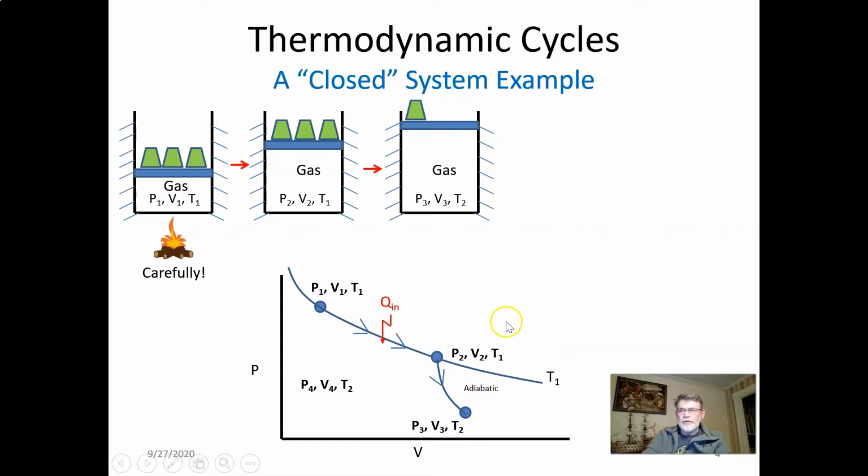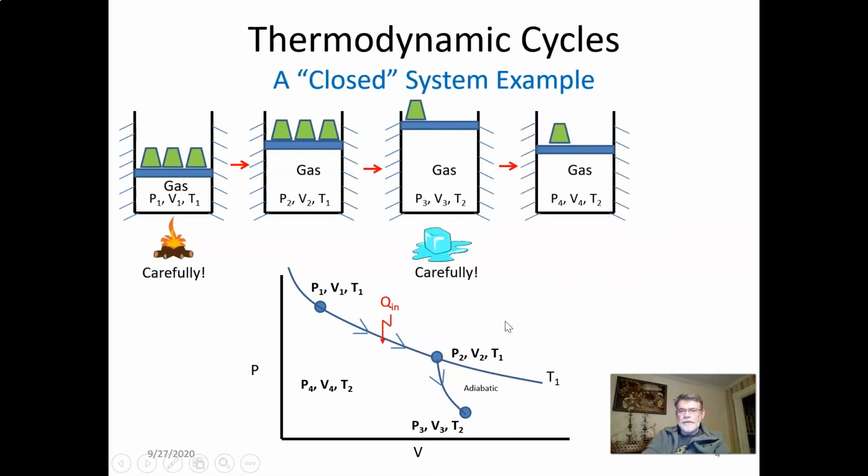Then the third process goes from P3, V3, T2 to P4, V4, T2.